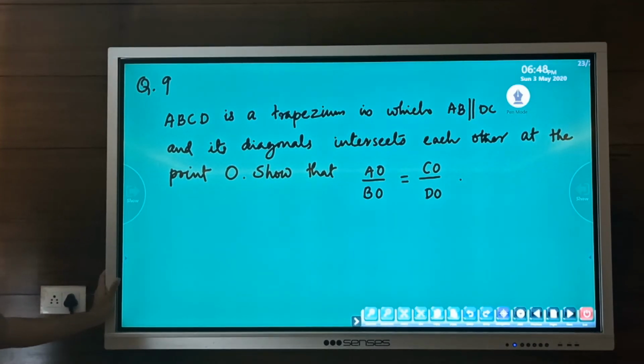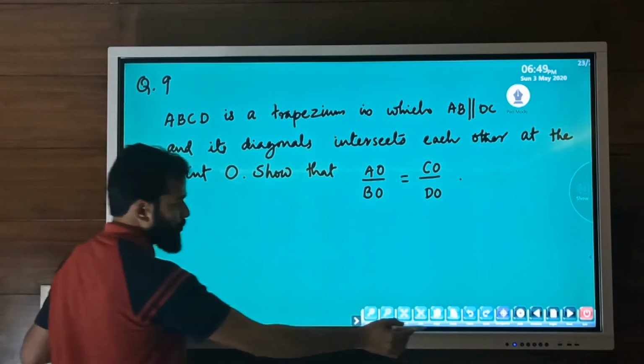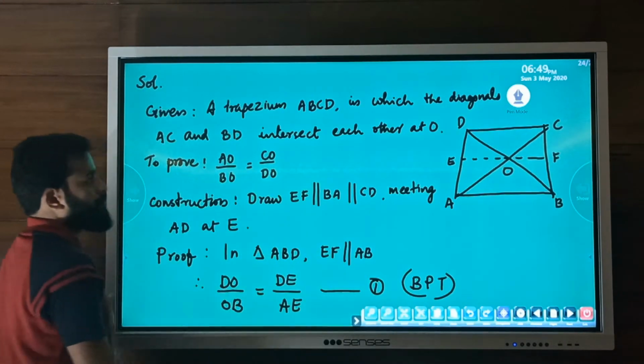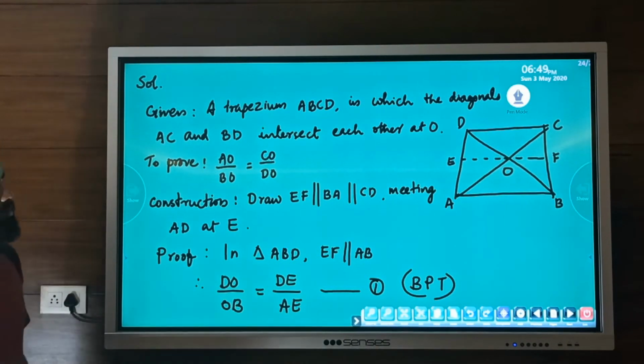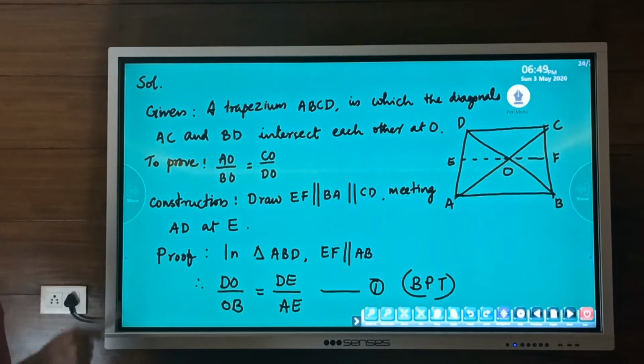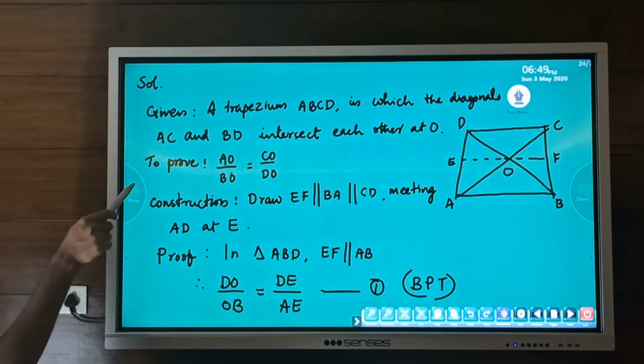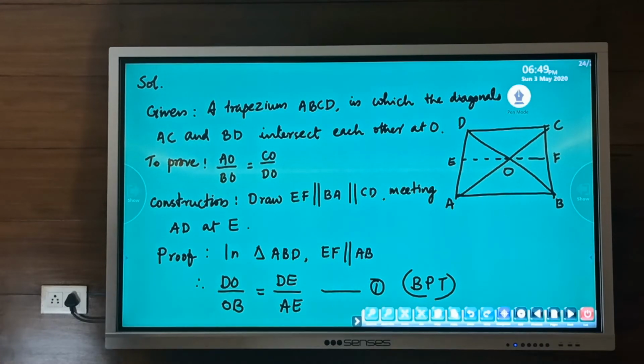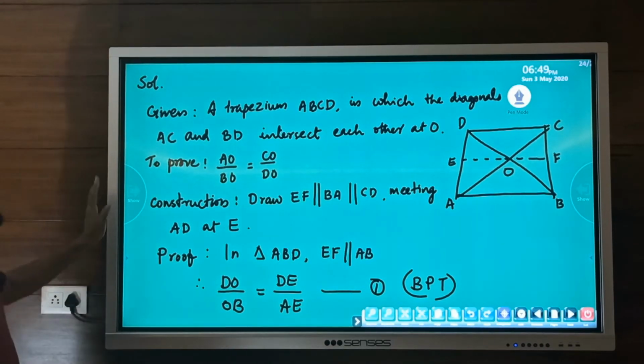A trapezium we have constructed, ABCD, diagonals AC and BD. They are intersecting at the point O. This much is given there. We need to prove AO divided by BO equal to CO divided by DO.